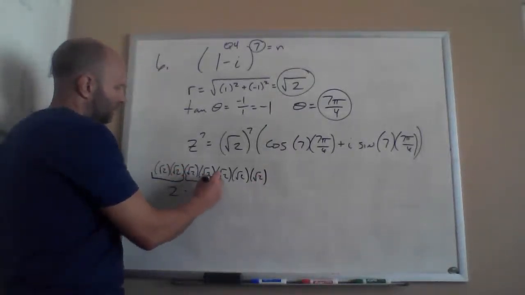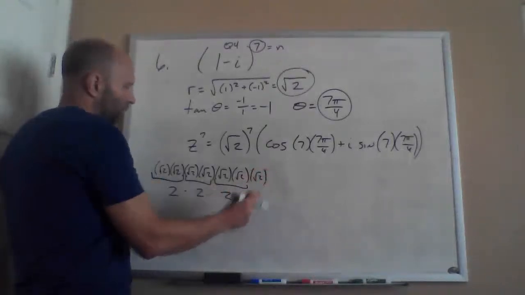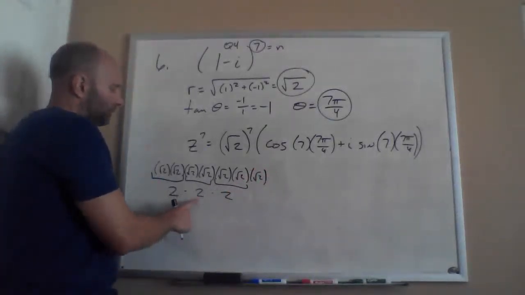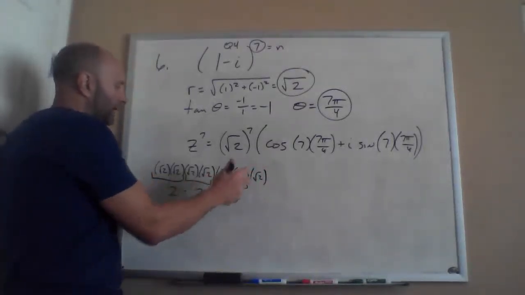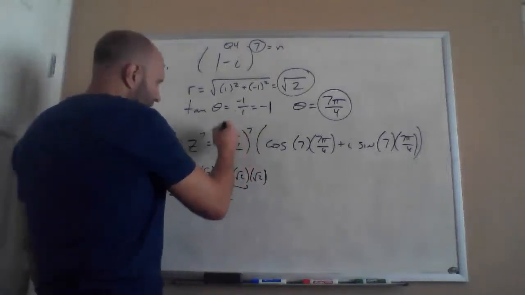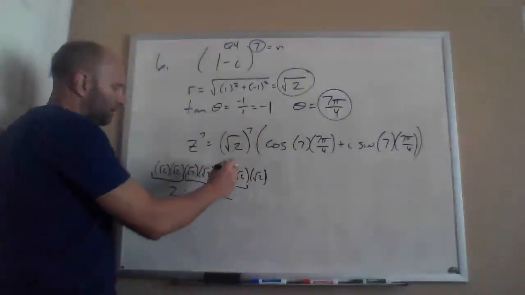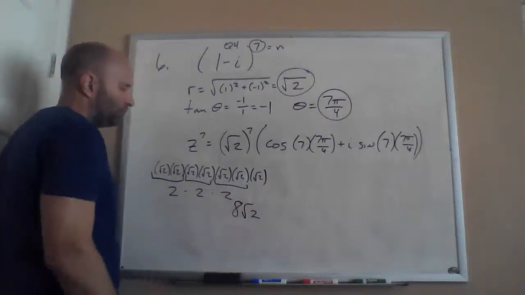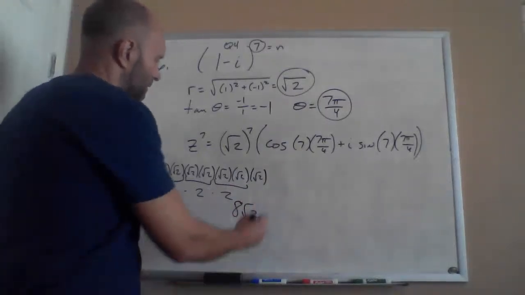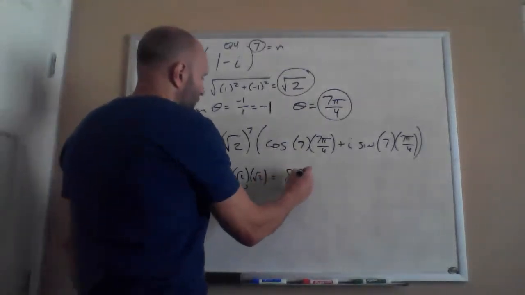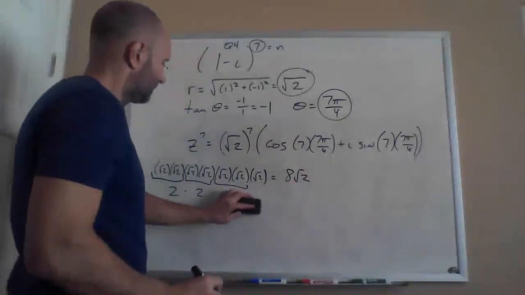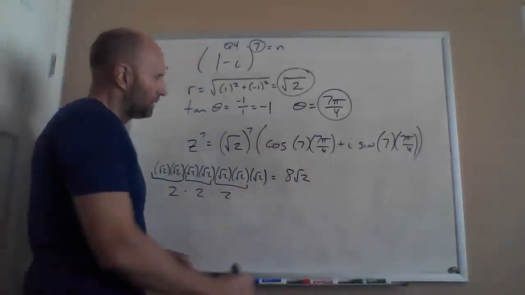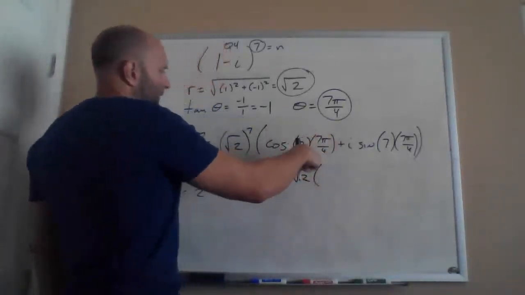And 2 again. And 2 again with a root 2 left over. So 2 times 2 is 4, times 2 is 8. So this guy here, root 2 to the 7th power, is really 8 times square root of 2. Let me do this, 8 root 2. And then simplify inside of here.